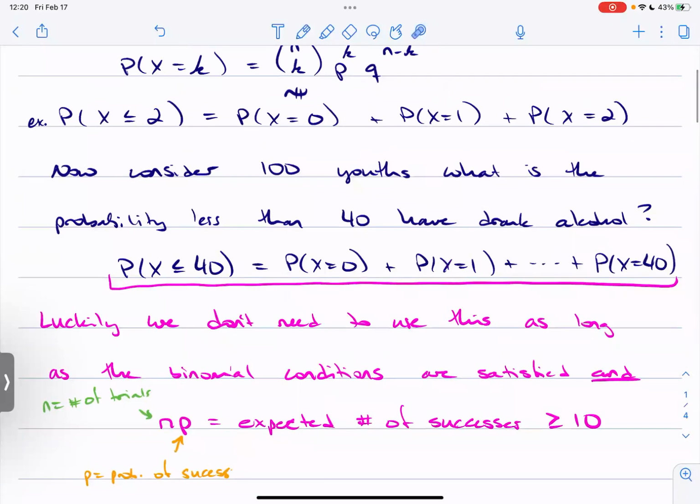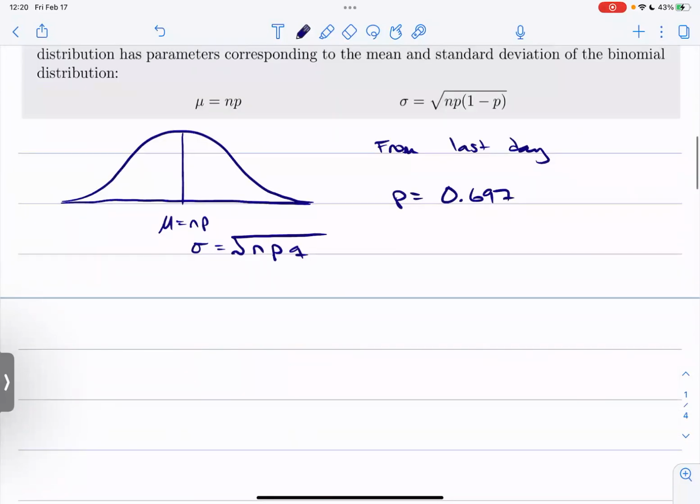And now we're going to answer this problem. So now you have 100 youths. What's the probability less than 40 have drank alcohol? Maybe I'll just clarify here, we can use this to find the probability that X is less than or equal to 40.